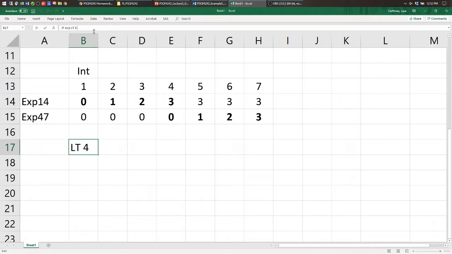If experience is less than 4, then experience 1 to 4 equals experience minus 1, because that would get us these 3 right here.